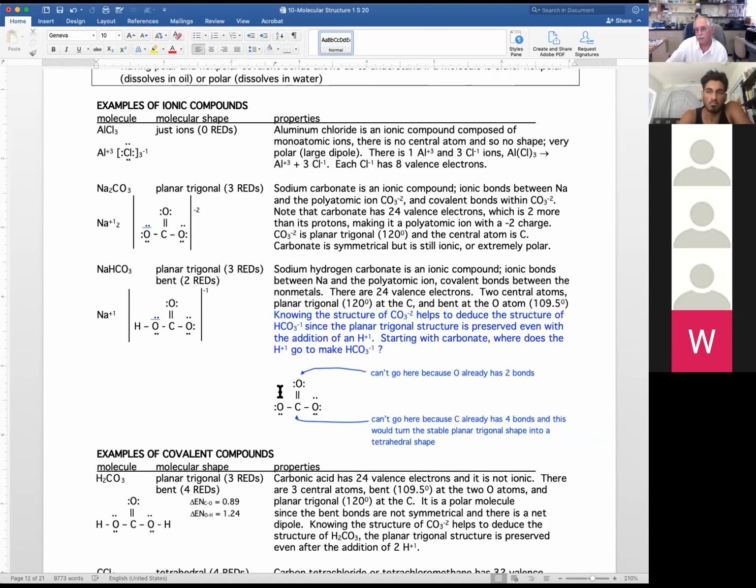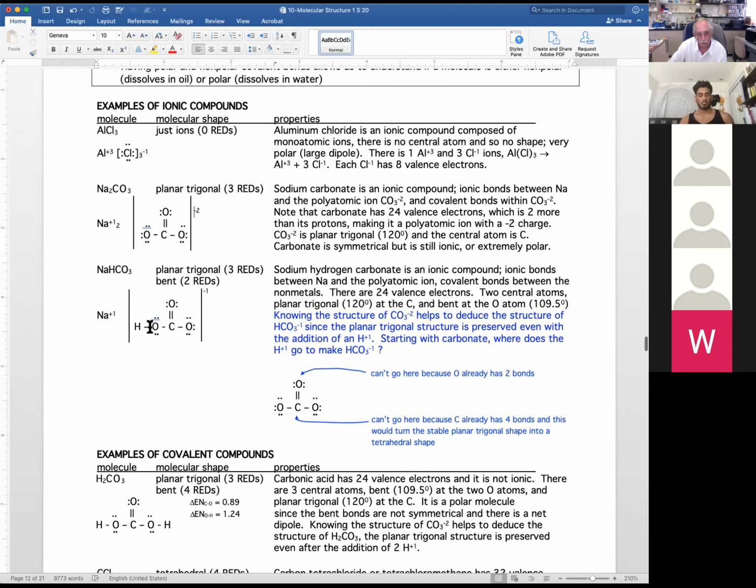So just like with naming, if you know the formula for carbonate, you automatically know the formula for hydrogen carbonate. Now when it comes to Lewis structures, if you know the Lewis structure for carbonate, that's not going to change when you put a hydrogen on there. The hydrogen could go here or it could go here, but it can't go here or there.